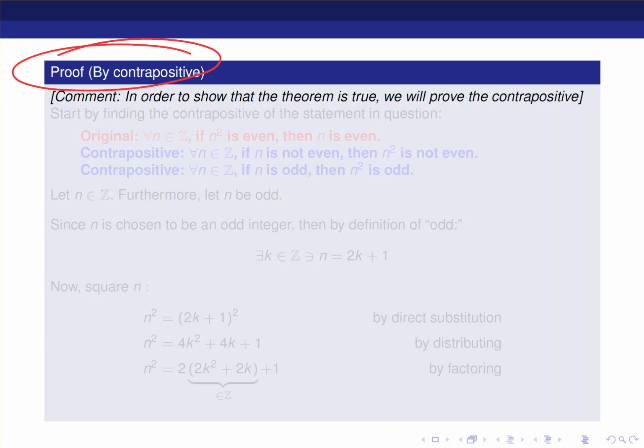And for you guys, it's a good idea to write the words proof by contrapositive or by contradiction or whatever at the very start. We're going to learn more methods later on, so there's going to be induction and so on and so forth. So please write down the name of the proof so that I know how to grade it, or you know what you're basically doing also.